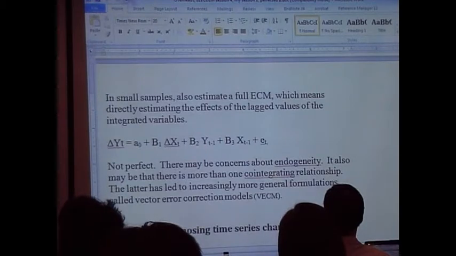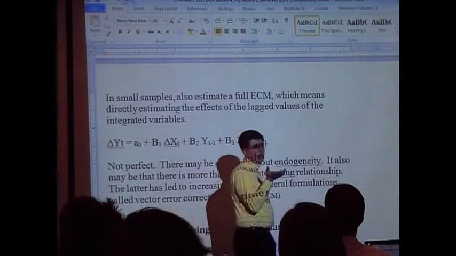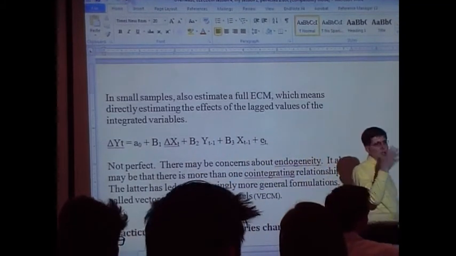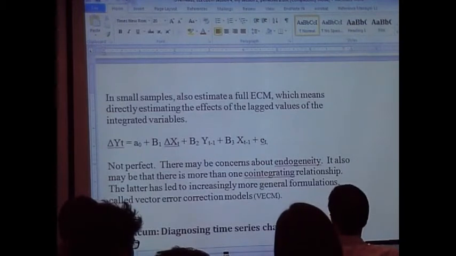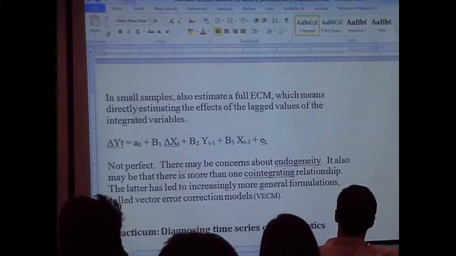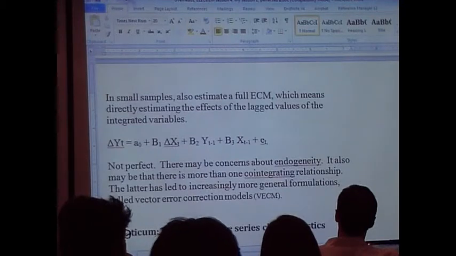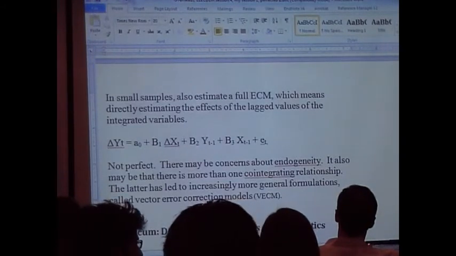It's totally unrelated to x. So it could be high, it could be low, and so there should be no relationship at all. That's right. It's a very good question. Now, what if though x t is not integrated? Then there should be a relationship. The relationship will depend on where x t is relative to its equilibrium. So the prediction there will be either positive or negative. Or if it's at equilibrium, 0.